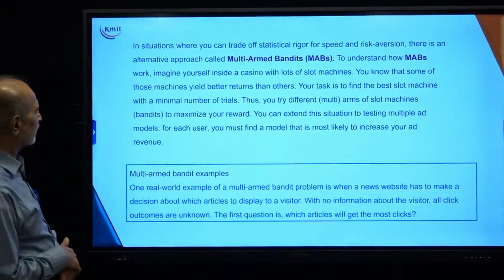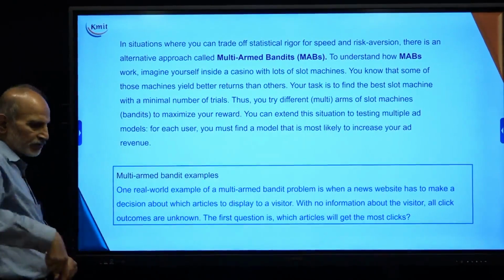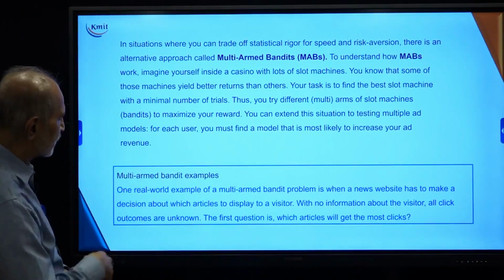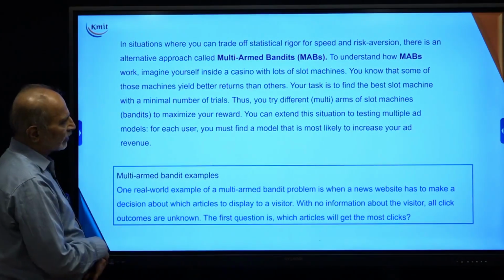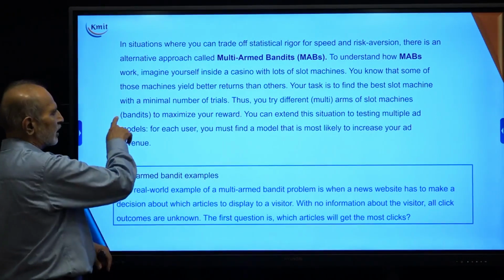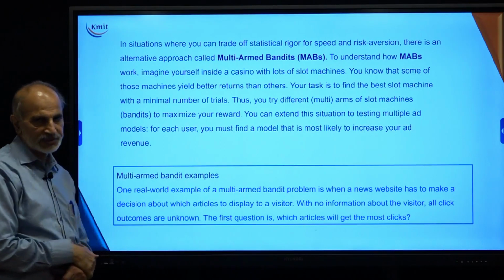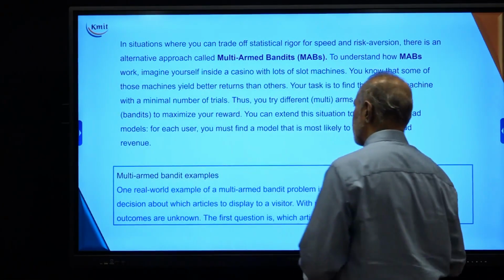To understand MAB, imagine yourself inside a casino with a lot of slot machines. We put the money on one of the slots and it goes on rotation. Some of those machines yield a better result than the others. The task is to find the best slot machine with a minimum number of trials. So, naturally I am looking for the best option with a minimum number of trials.